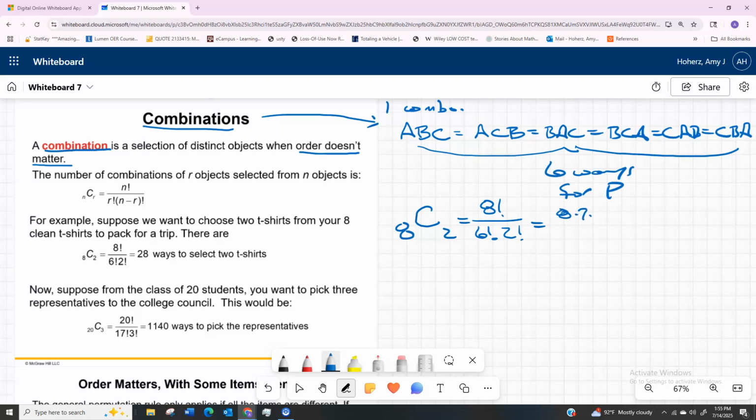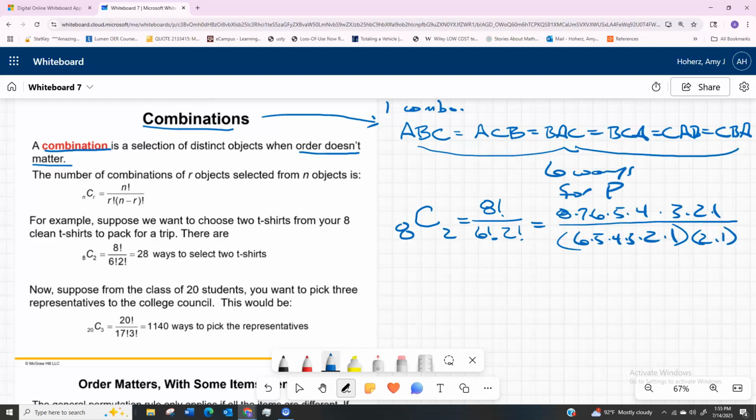So this would be 8 times 7 times 6 times 5 times 4 times 3 times 2 times 1. On the bottom, we would have 6, 5, 4, 3, 2, 1, and then we'd also have 2 times 1 for the other factorial.